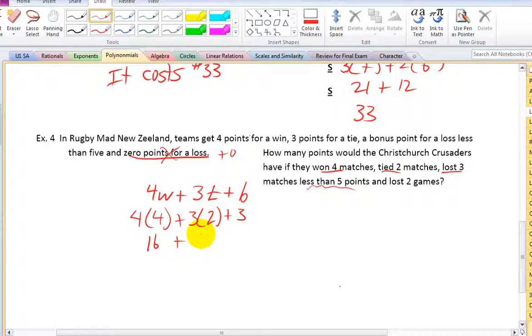Christchurch Crusaders. That's an actual team. Yeah, they are in Christchurch, which is New Zealand.